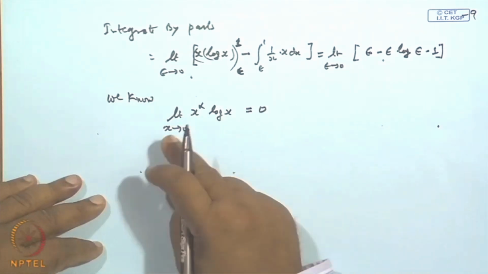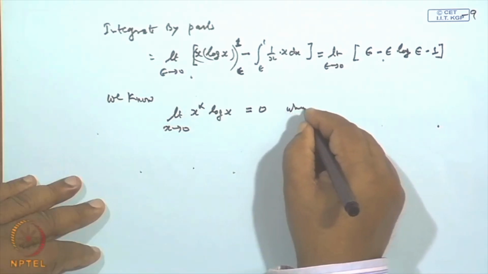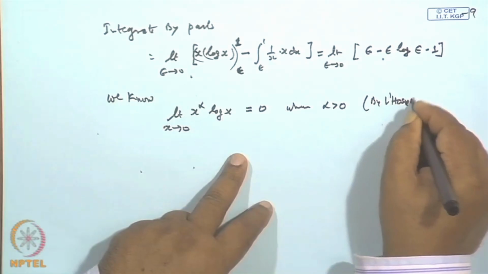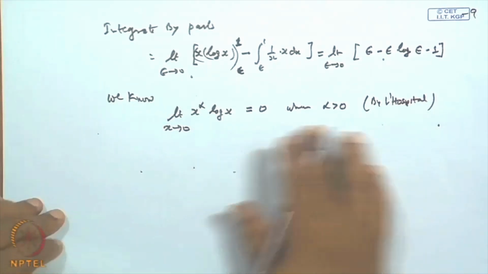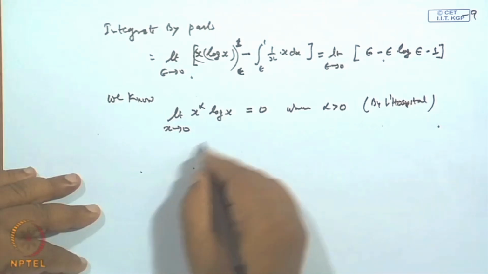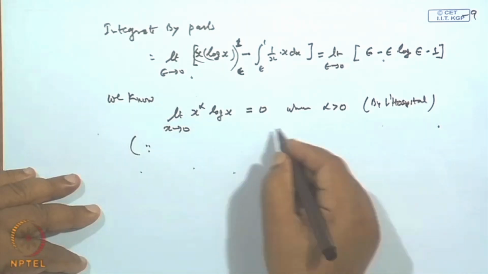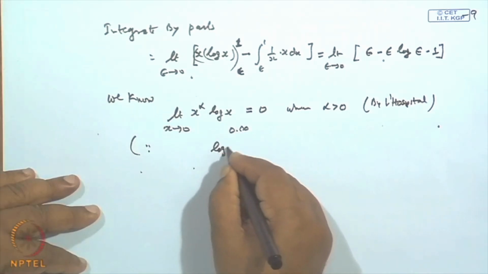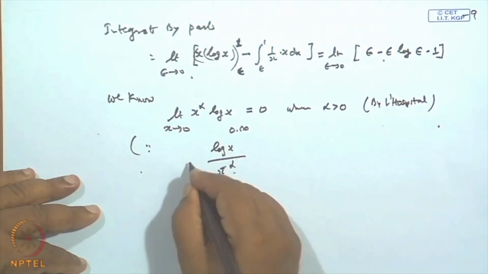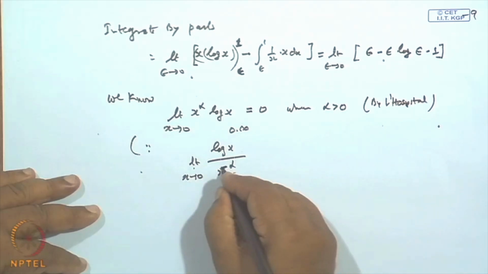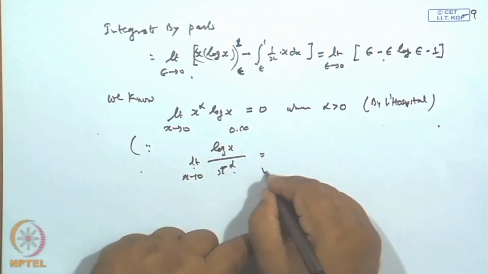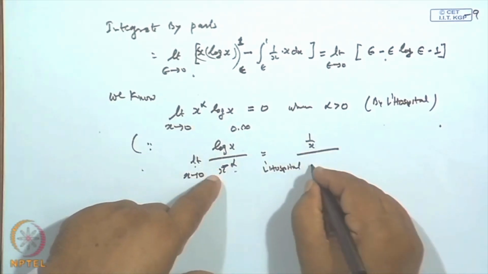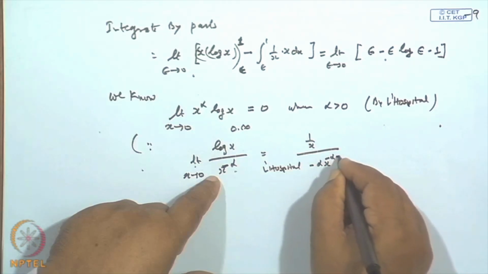Why? Where alpha is greater than 0, by using L'Hopital's rule, you will get it immediately. Because this is a 0 times infinity form, it can be written as log x divided by x to the power minus alpha, with limit x tends to 0. Now when we apply L'Hopital's rule and differentiate, log x gives 1 by x, and the denominator gives minus alpha x to the power minus alpha minus 1.